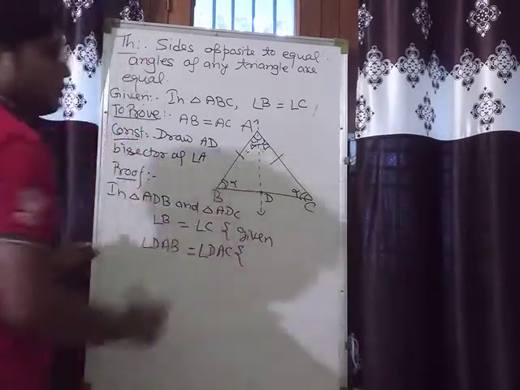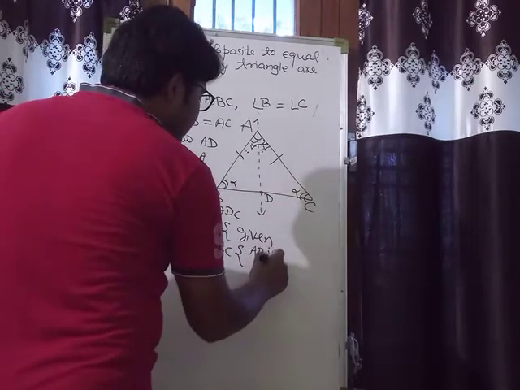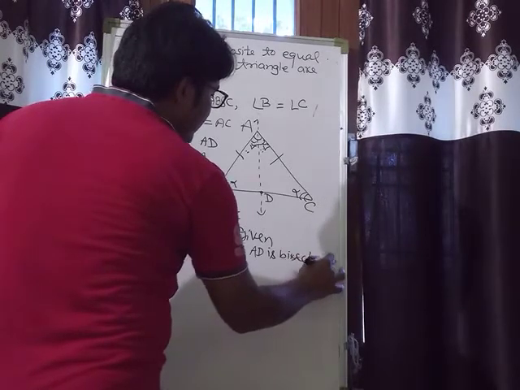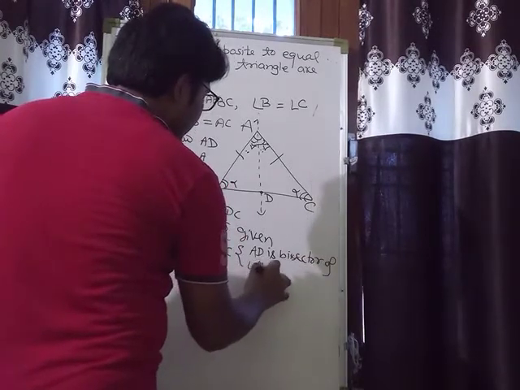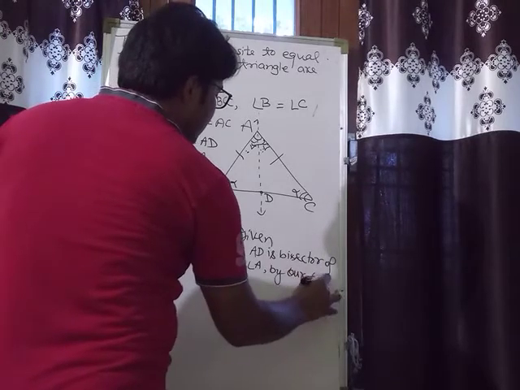These two angles are equal because AD is bisector of angle A by our construction.